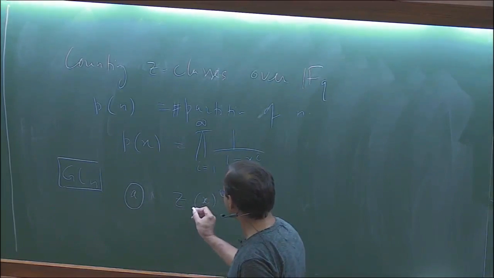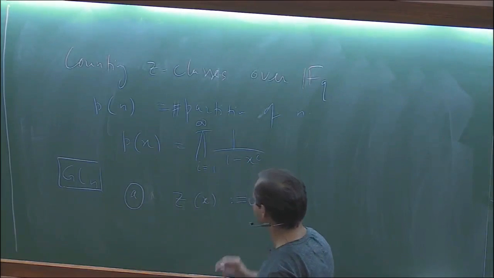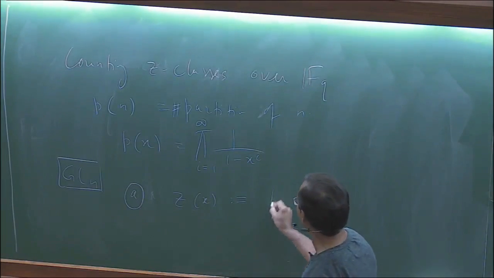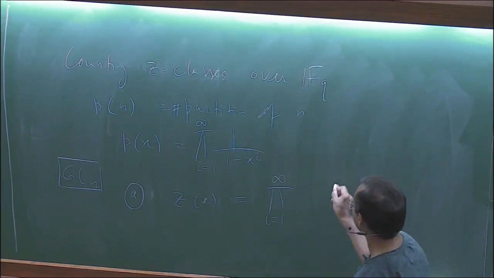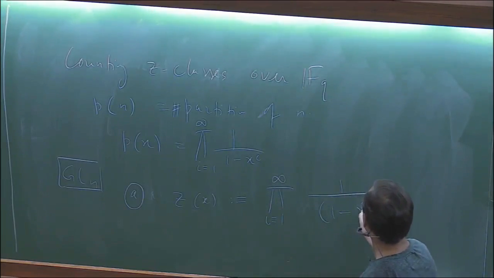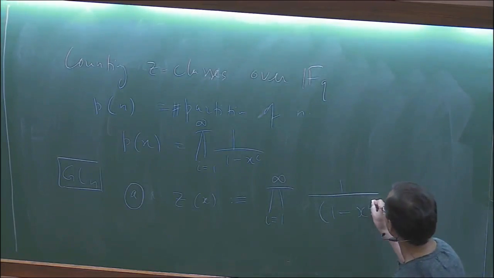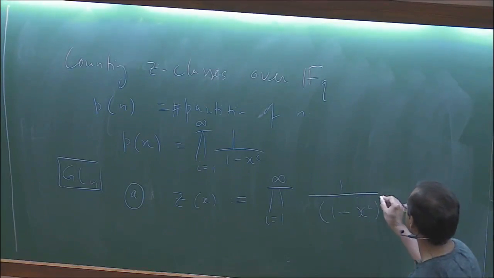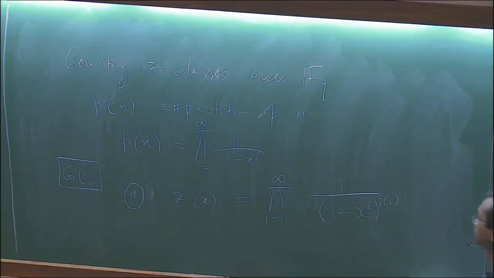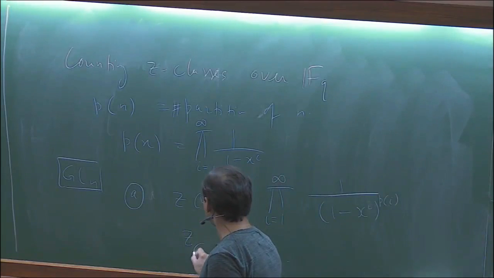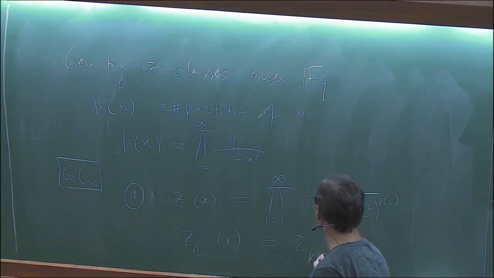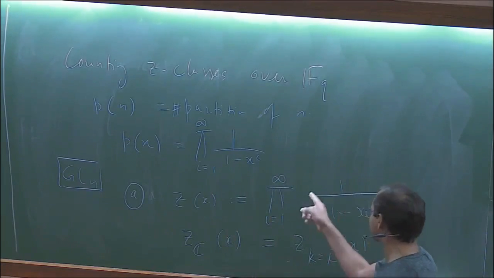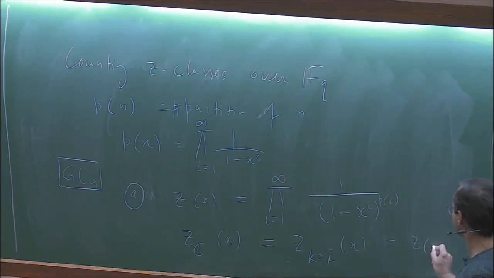Z(x) is given by this formula: the product over i equal to 1 to infinity of 1 divided by 1 minus x to the power i, the whole raised to the partition function P(i). So the result is this: if I want to count for an algebraically closed field, K equal to K bar, no matter what, it's this function Z(x).